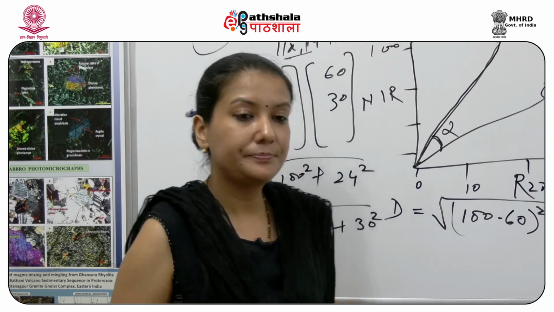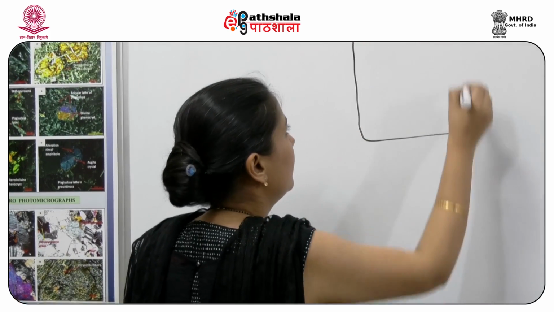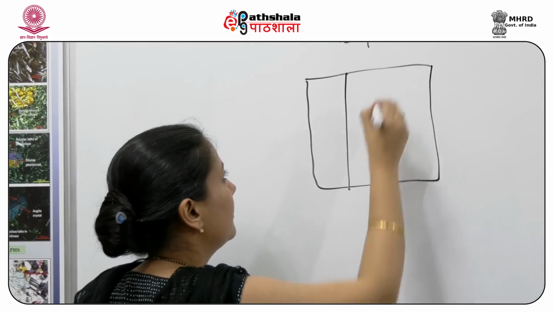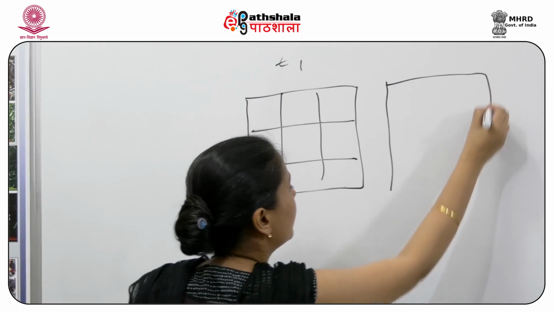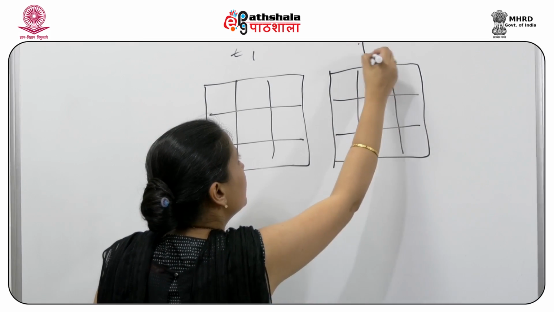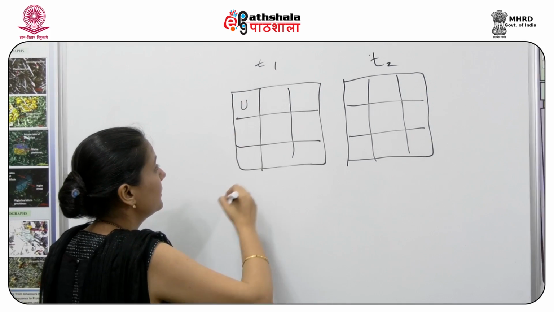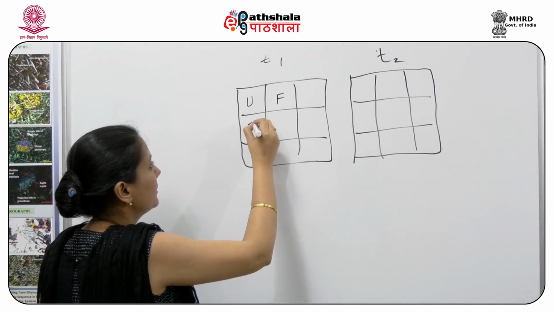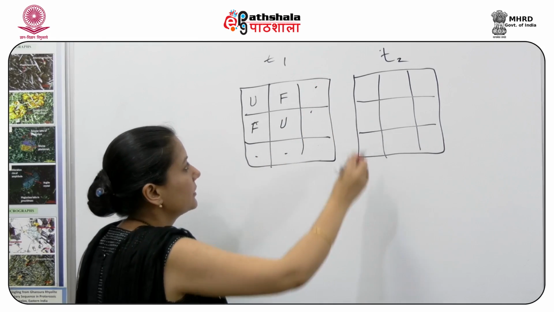So at T1 suppose we have an image here, and it's again a raster, and the same is the image at T2, which is also a raster image. So in the first classified image, suppose this was urban, this was forested area, and this was urban, and these were other classes.